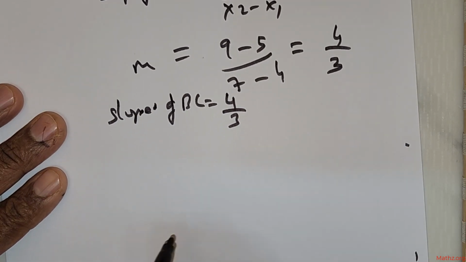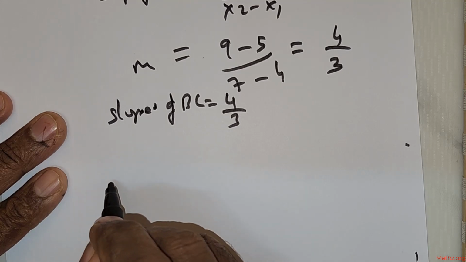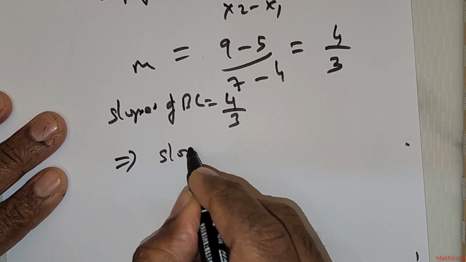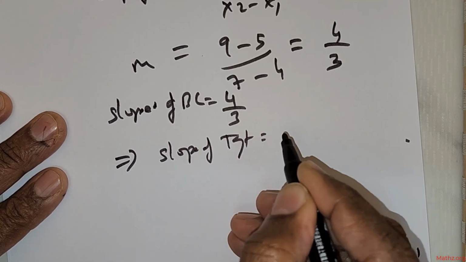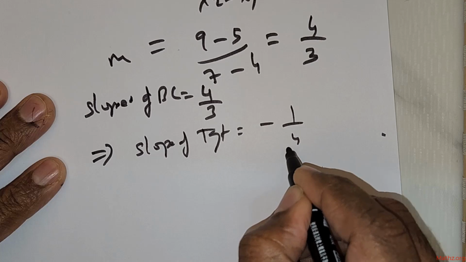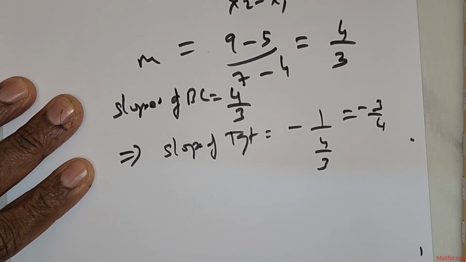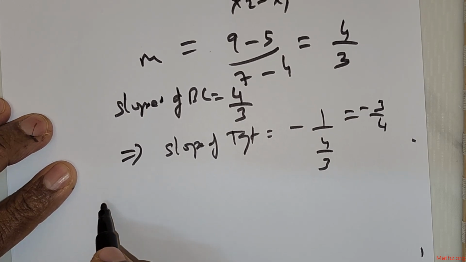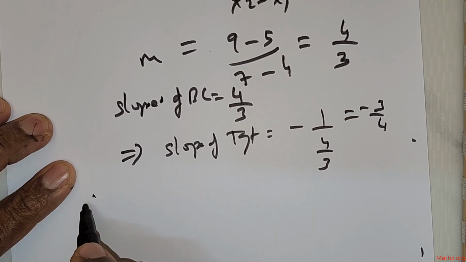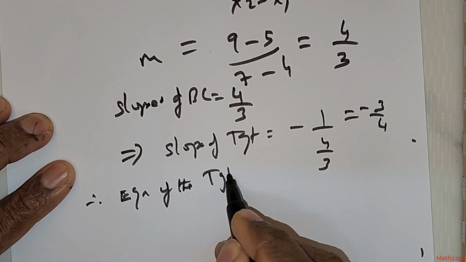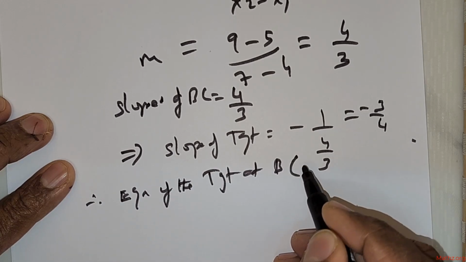But we need to find the slope of the tangent. So this means the slope of the tangent would be negative 1 over 4 over 3. That's going to be 3 over 4 with a negative sign. Okay, so now the equation of the tangent at B, what is B?